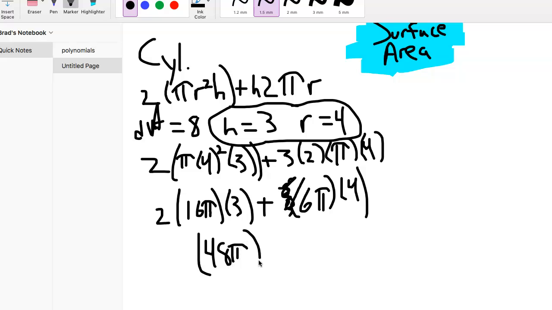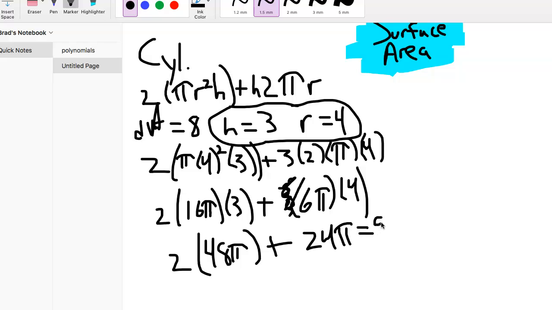And we got to multiply that by 2 still. Plus, right, we have 6 pi here times 4. So we've got 24 pi. Okay, so 48 times 2 is 96.